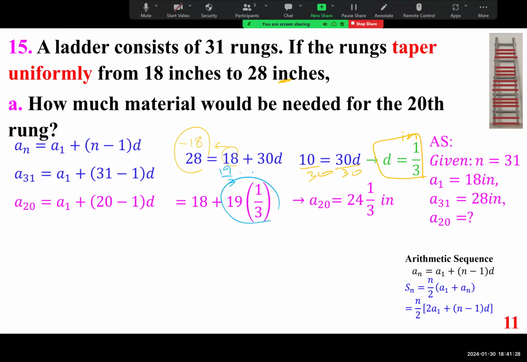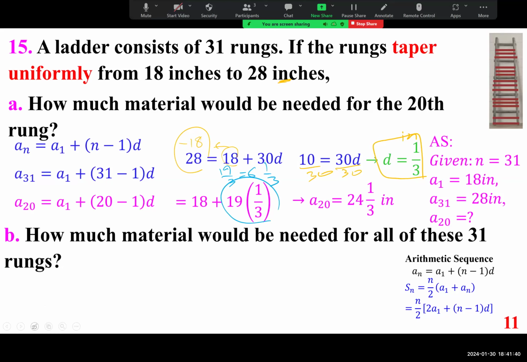How much material do we need for all 31 rungs? So we want the total sum. So we use this one or this one. Because A sub 1 and A sub n are both given, that's easier to use.